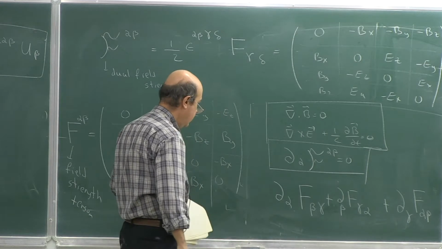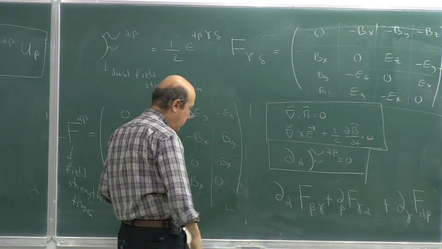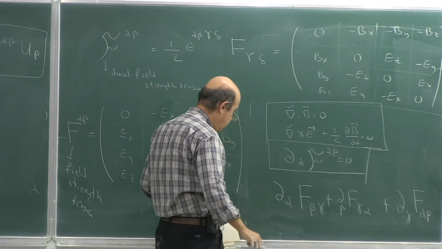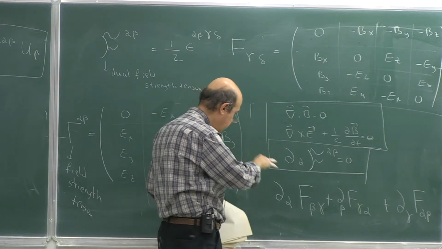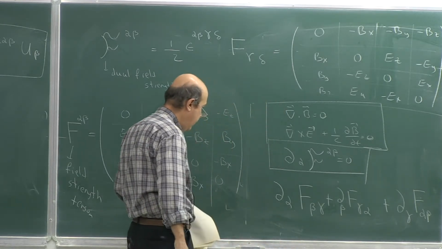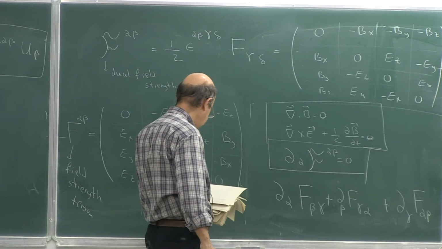So this is another presentation of the homogeneous Maxwell's equations in terms of the field strength tensor. I just show you so that you are familiar with the presentation. So alpha, beta, and gamma are indices 0, 1, 2, 3.